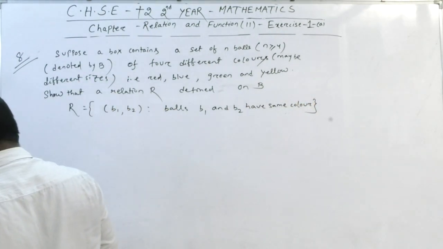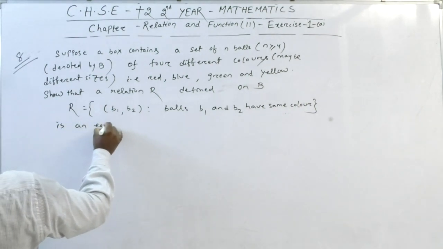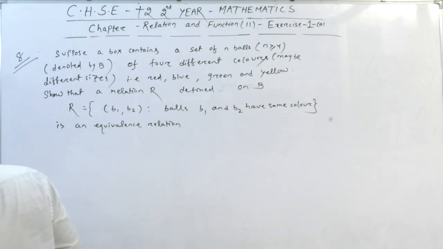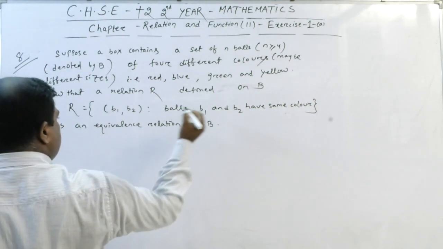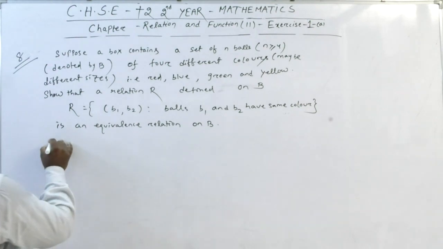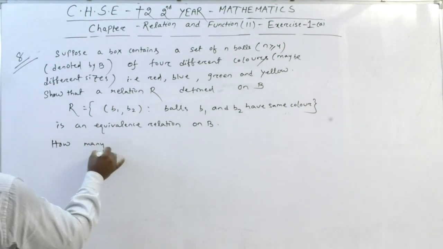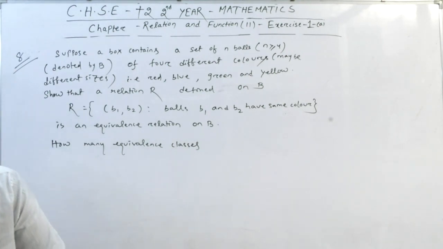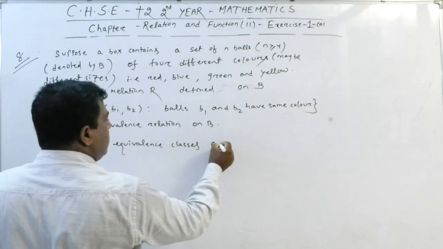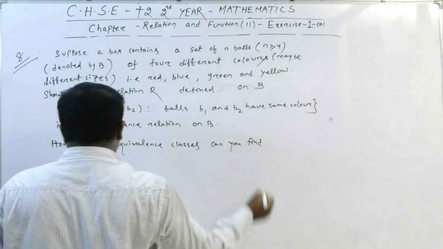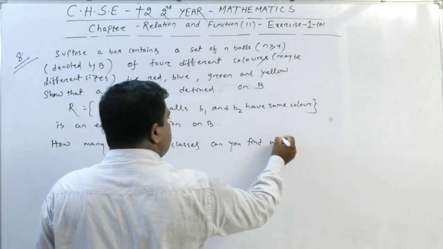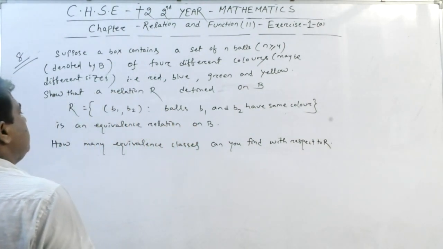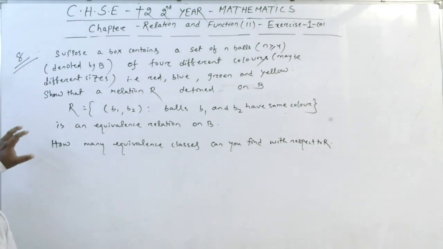"Have the same color" is an equivalence relation on B. How many equivalence classes can you find with respect to R? Okay. So this is question number 8.